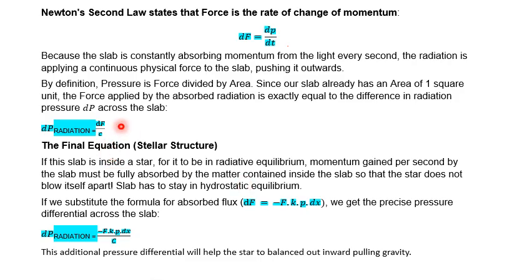So we can simply write it as the radiation pressure is the flux divided by the speed of light, the momentum absorbed by the slab per second per area. So the force applied by the absorbed radiation is exactly equal to the difference in radiation pressure across the slab. So you understood this particular aspect.